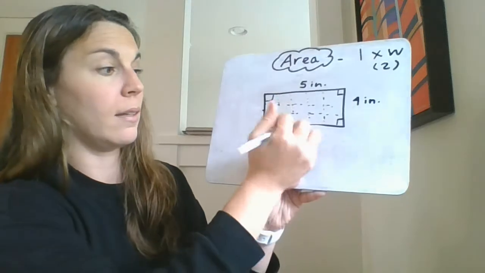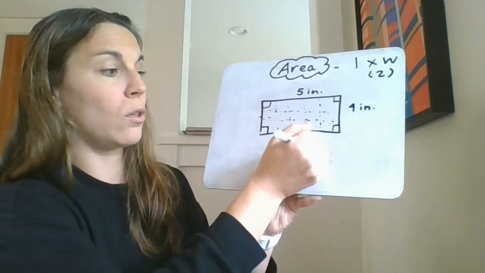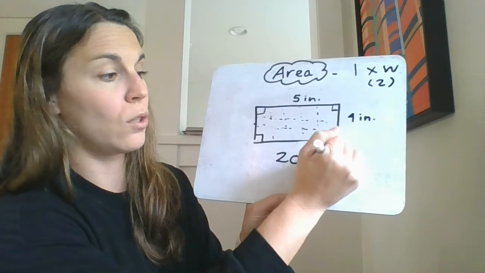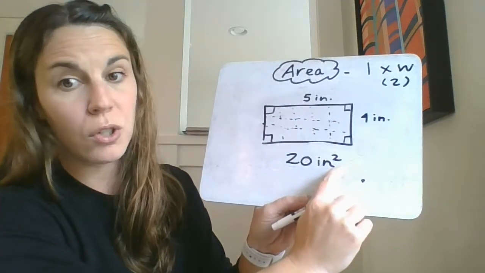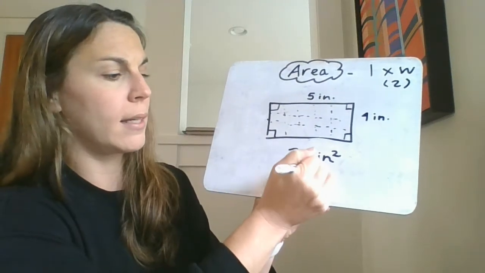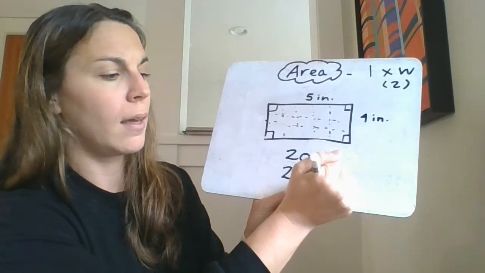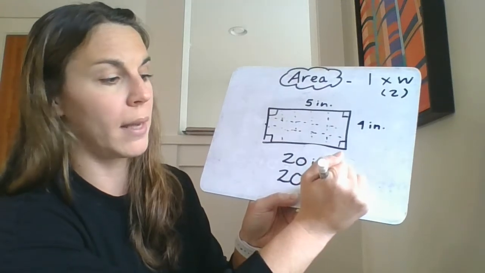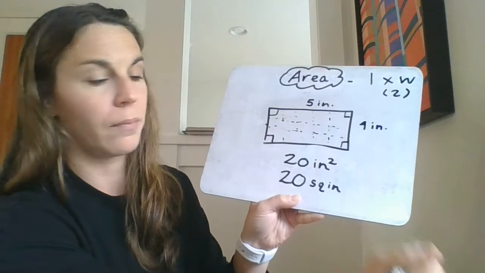Yeah, 20. So my area would be 20, and I can do it as inches squared. I could put my little 2 there because it's 2 dimensions, or sometimes my kids like to say 20 and then use square, and then say inches.